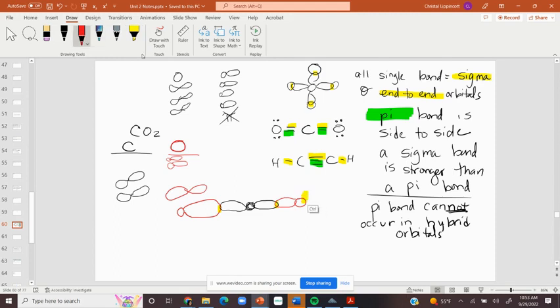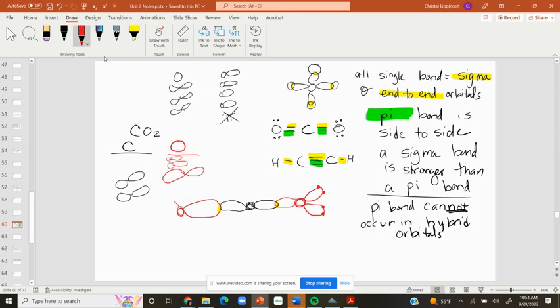Oh, shoot. Okay, here. So there's an sp orbital, and I've got a lone pair of electrons, lone pair of electrons. Here's an sp orbital. I have a lone pair of electrons, lone pair of electrons. Now I'm going to go over here and do the same thing. I'm going to move this up just to get it out of the way.